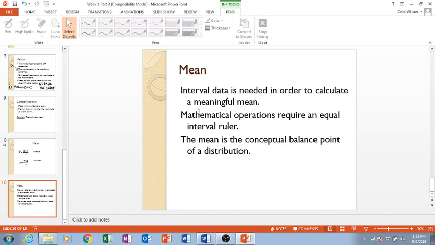Mathematical operations require an equal interval. And the mean, again, is a conceptual balance point of a distribution. It is going to be the best representation of all your values in your distribution.